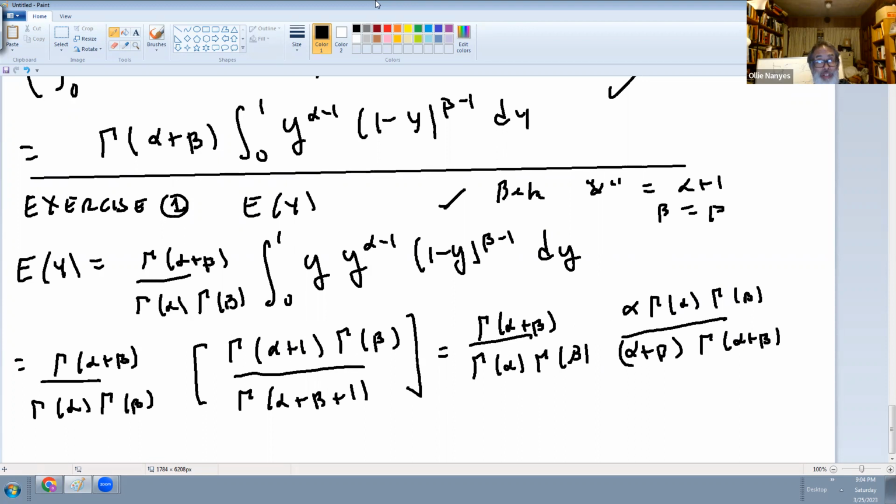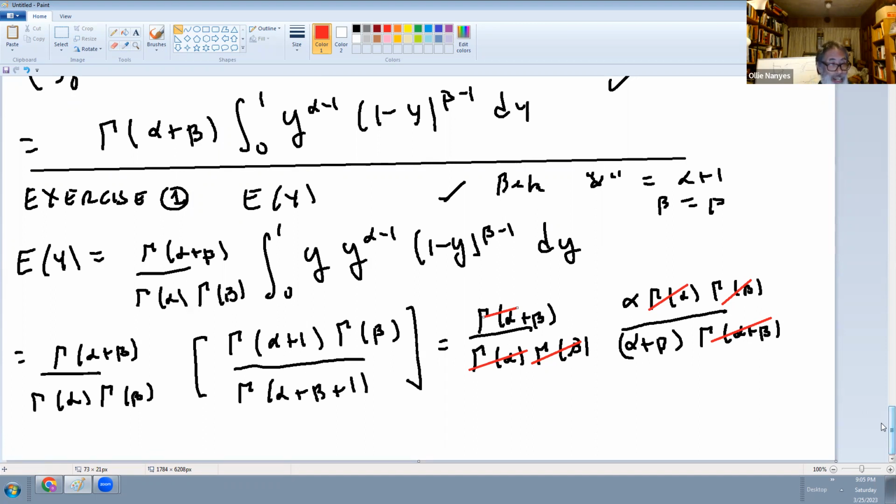And now we get some really cool cancellation here. So basically, this part cancels. This part cancels. And this part cancels. And lo and behold, what do we get? We get our expectation to be what we thought it should be.